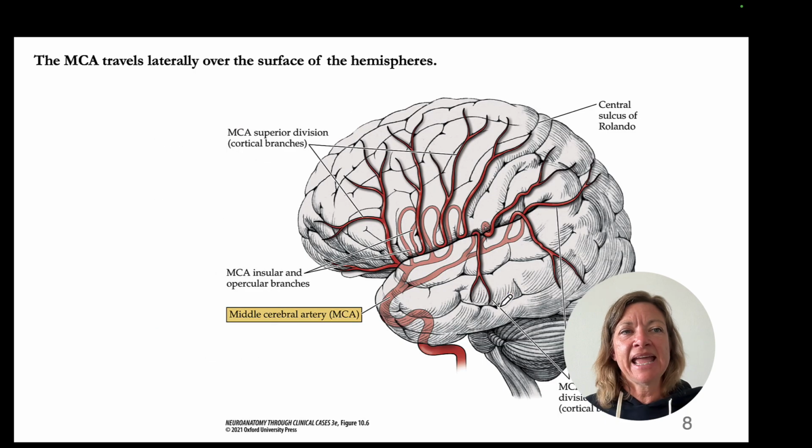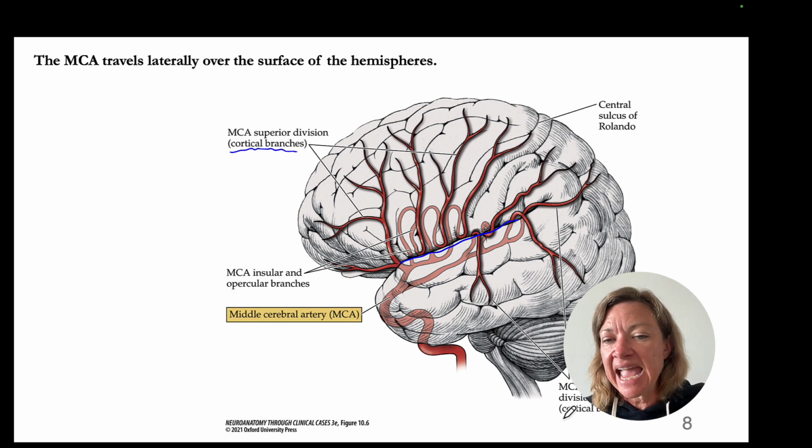In contrast, the MCA travels laterally over the surface of its hemisphere. You can see there are two major divisions. After it exits the lateral sulcus, the MCA has a superior division, superior to the lateral sulcus, and an inferior division, inferior to the lateral sulcus.